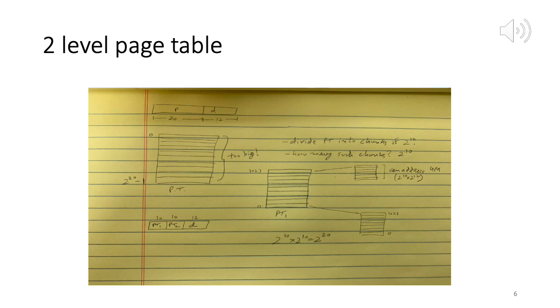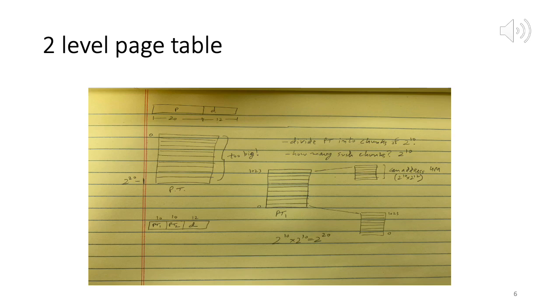For each entry in PT2 we have a correspondence between one page and one frame. So the size of the page, and therefore the frame, is 4 KB, which is 2 raised to 12. So 2 raised to 10 into 2 raised to 12 is 4 MB.